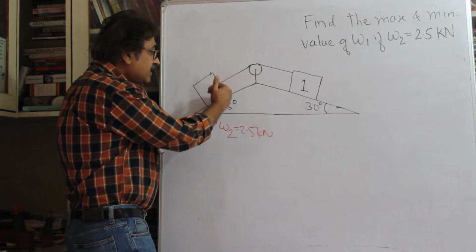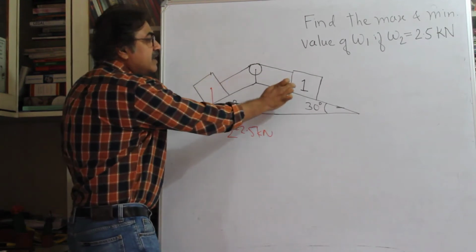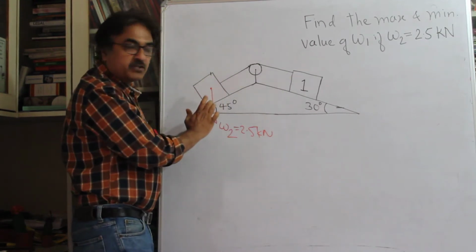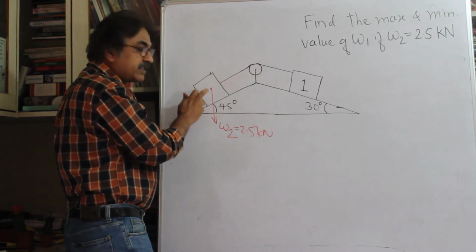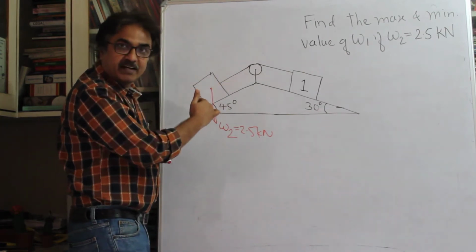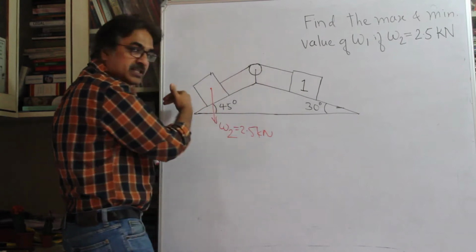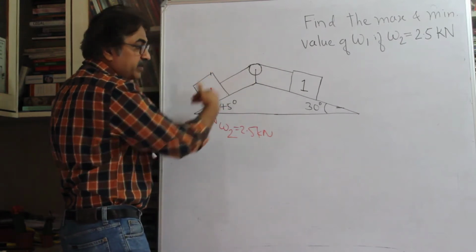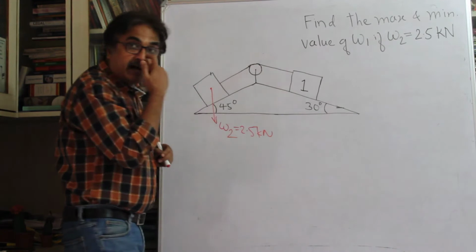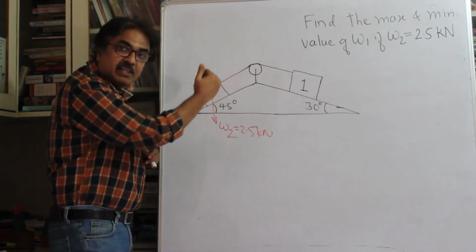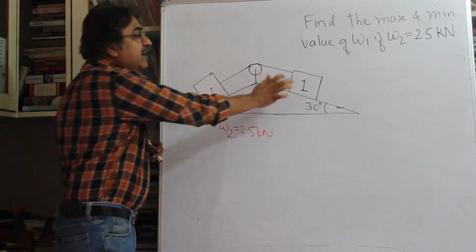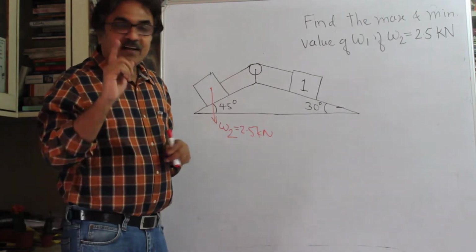The body tries to slide down, but the weight is such that it won't slide down. It is just enough to arrest the motion of this body downwards, correct? If there is no weight, this would slide downwards along this. So you keep on increasing the weight, and at a point this body will not slide down. That will be one value of body A.